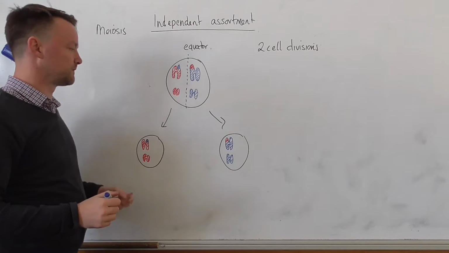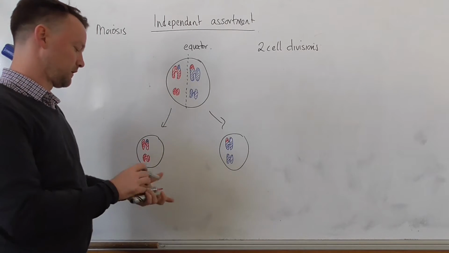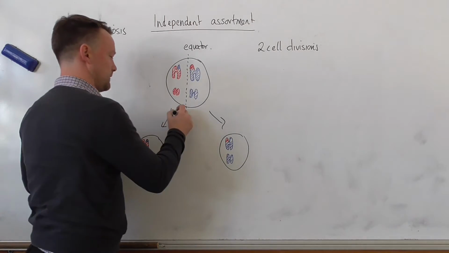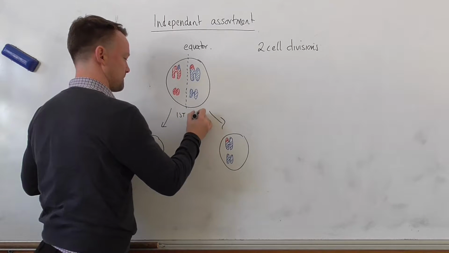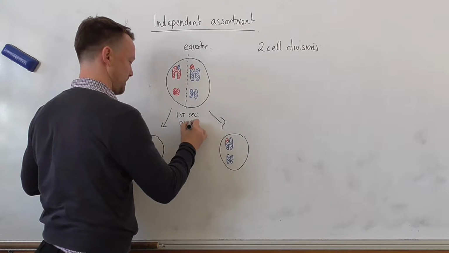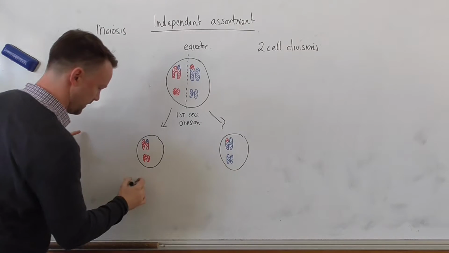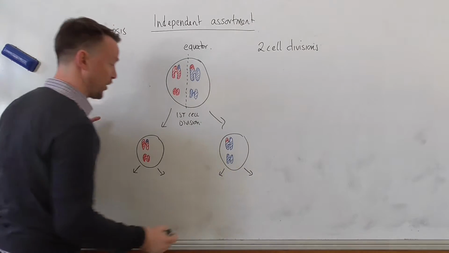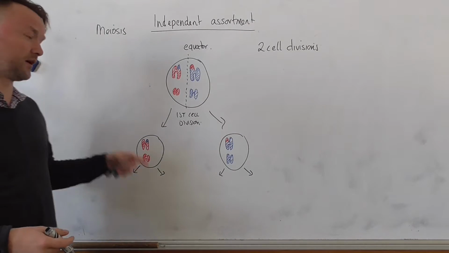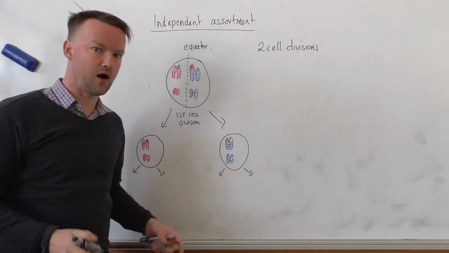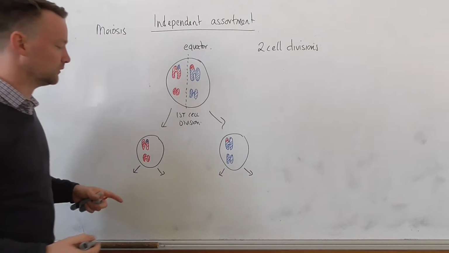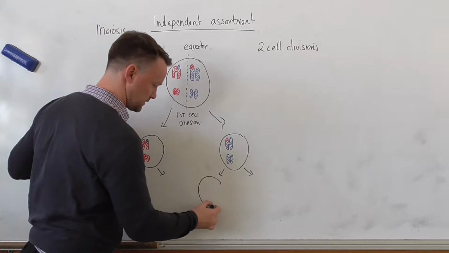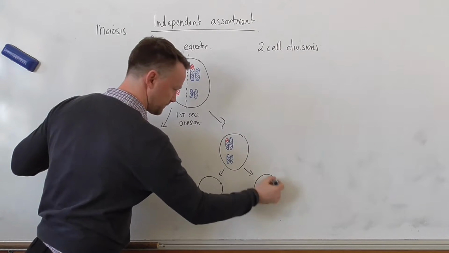So that's the first cell division. And then these two will then divide again to make sure that each gamete's got half the original chromosome number. So that's why there's two cell divisions.